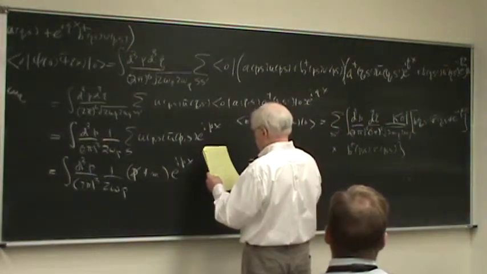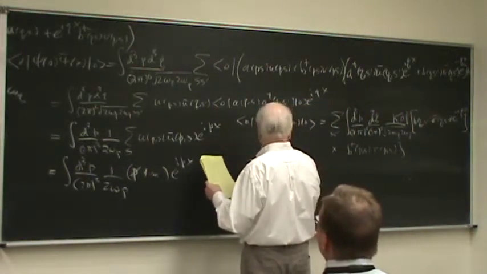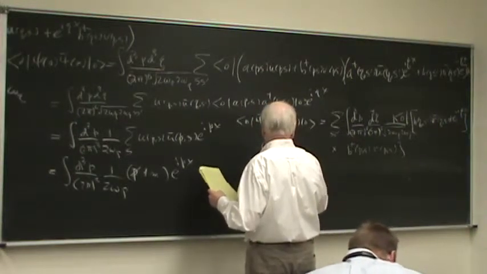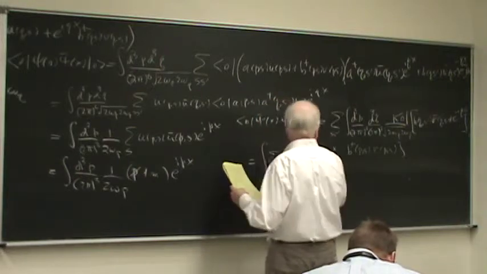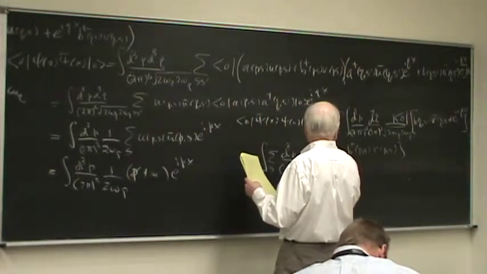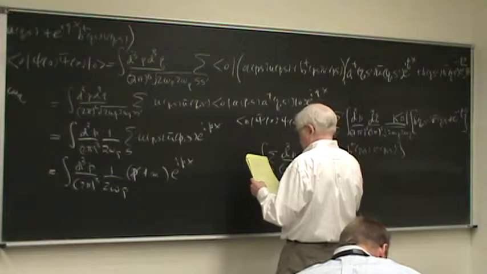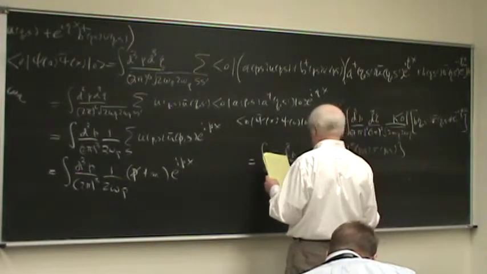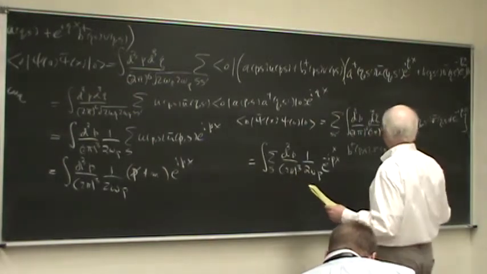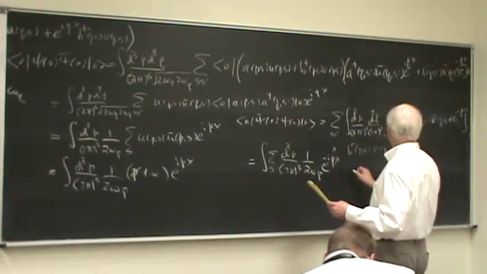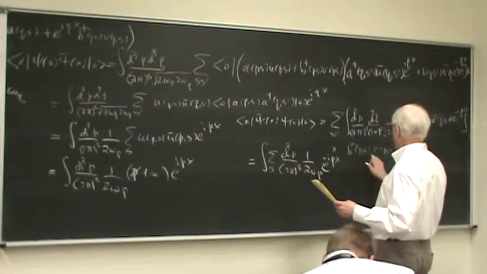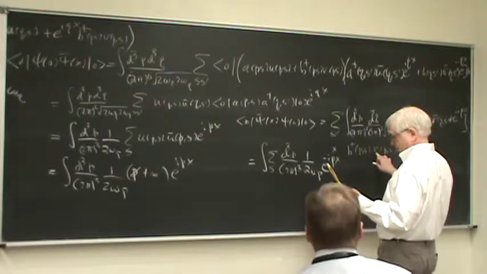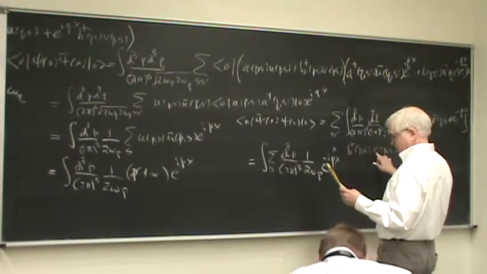And so this gives us an integral sum over s, integral d cubed p over 2 pi cubed, 1 over 2 omega p, e to the minus ipx. And now what we would have would be, I'm a little puzzled here that we've got v bar v.